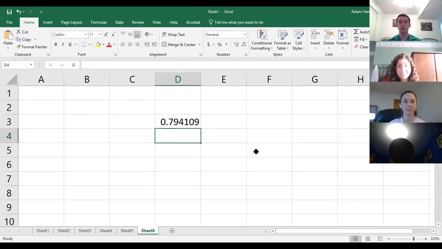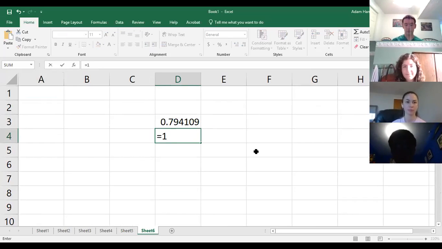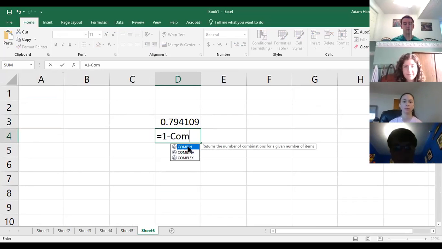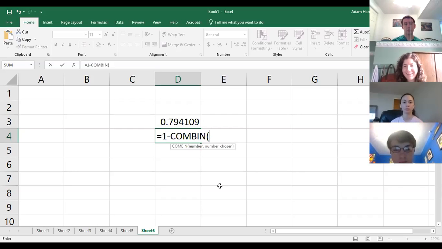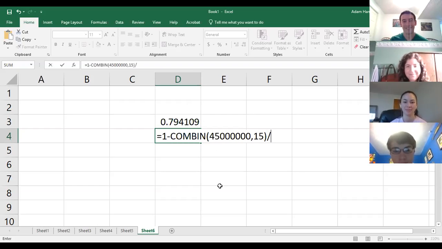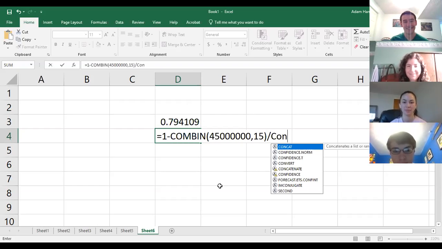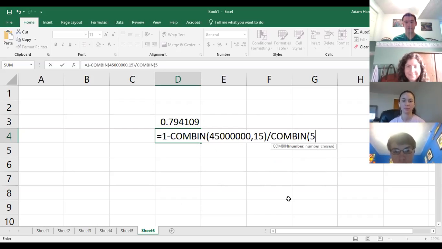Or in the other way, equals 1 minus combin, which is combination. Is it even going to do this? Was it 45 million choose 15, divided by combin 50 million choose 15?